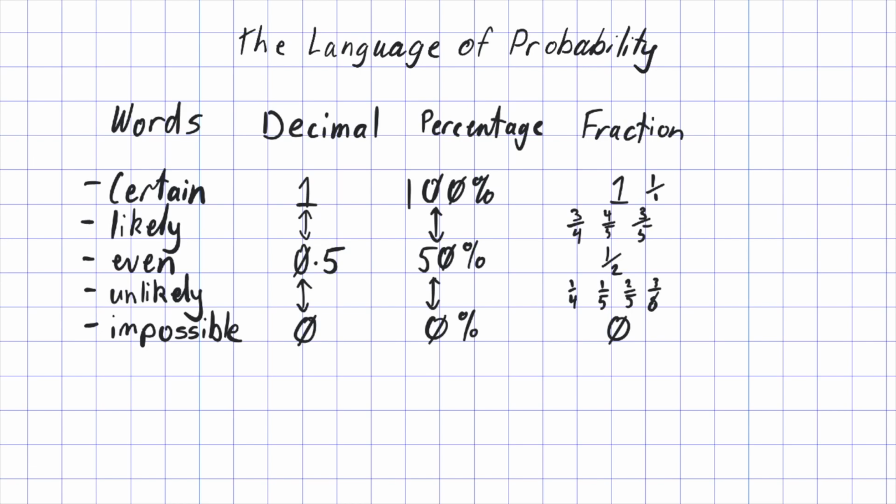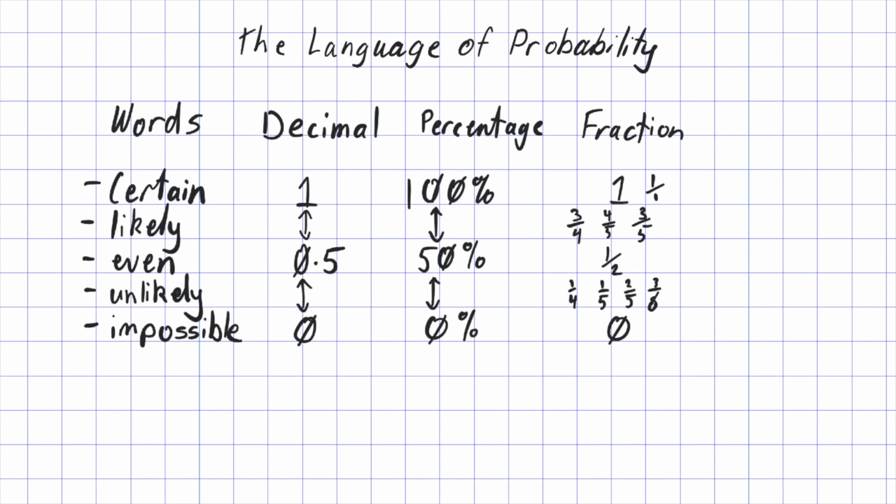So it's got to be somewhere, again, between half and 1. And then vice versa. On the bottom, for unlikely events, you've got your numerator that's less than half of our denominator. We've got 1/4, 1/5, 2/5, and 3/8. Somewhere on the way to 0, but not quite all the way at 0.